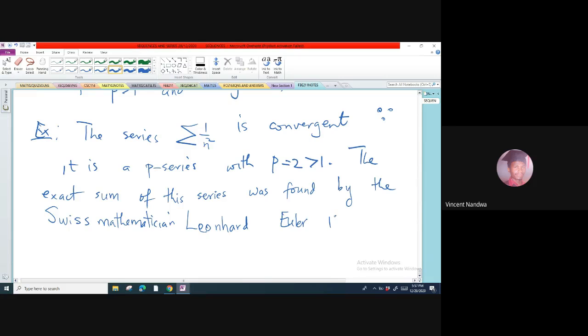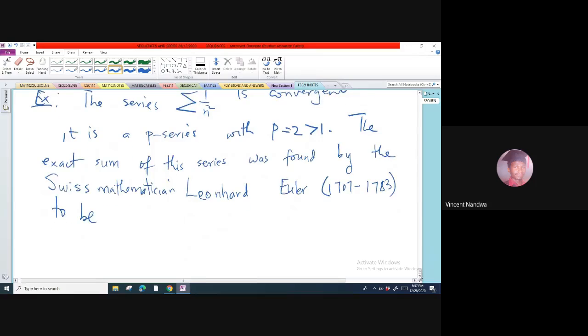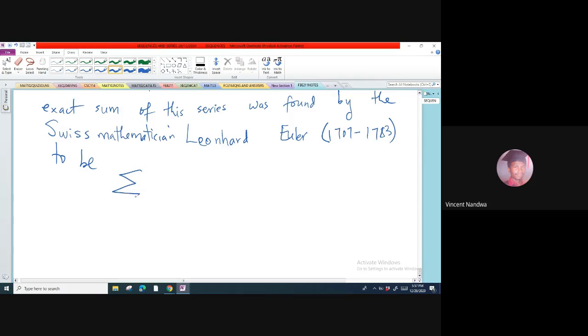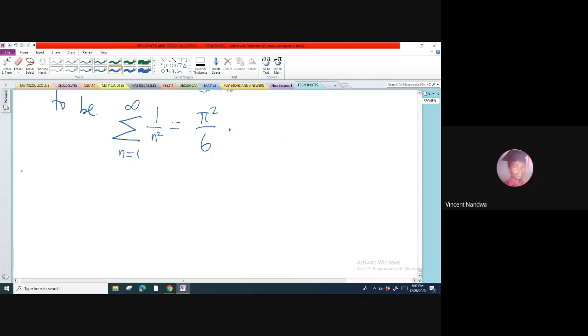Euler was born in 1707 and died in 1783. The sum is pi squared over 6. We are not interested in the proof of the answer. The point was to test whether the series is convergent or divergent using the P series test.